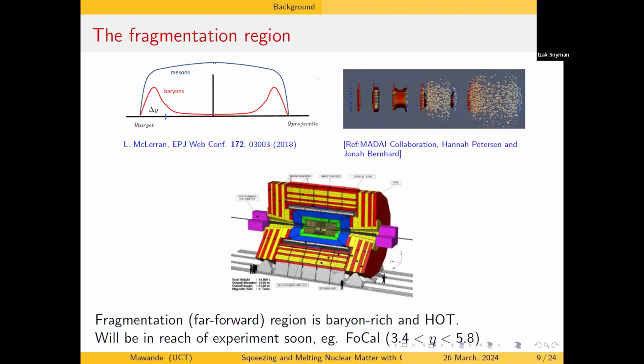The experiment that's coming soon is the so-called FoCal, the forward calorimeter of ALICE, and hopefully we can test what we talk about here when the detectors are in place. Is that rapidity high enough for the FoCal? That's like 5.8.